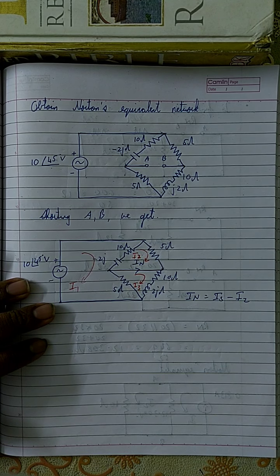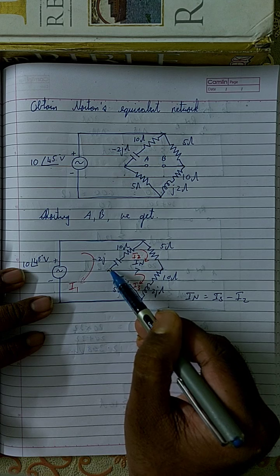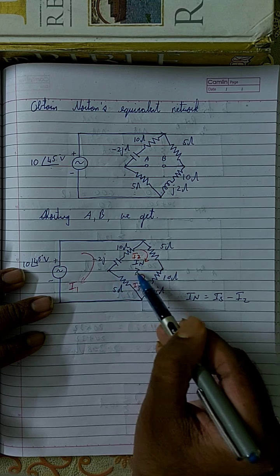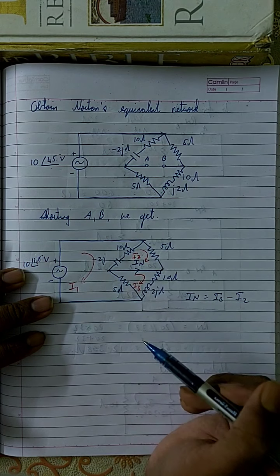You cannot apply the same technique over here, because this time there is a branch, there is a short. The Norton's current is the current through the terminals when the 2 terminals are shorted together. If a current is flowing through this branch, some of the current will flow through this branch and some will flow through this branch.